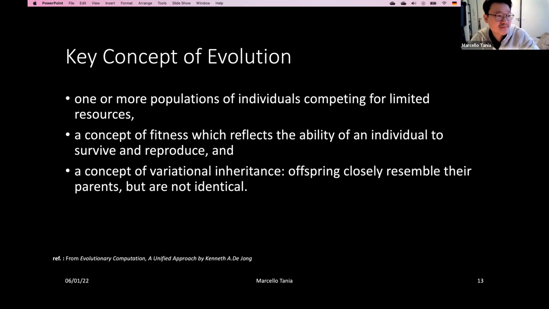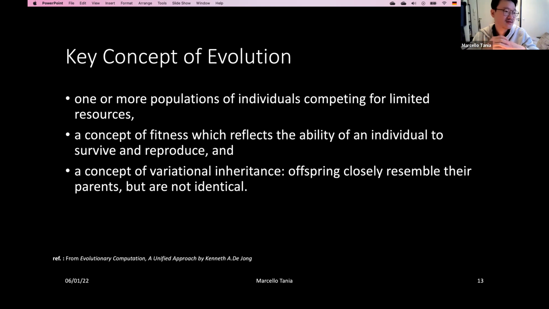So first, one or more populations of individuals competing for limited resources. If you look at nature, Charles Darwin made these observations that one or more populations of individuals compete for limited resources. Those limited resources are, for example, lack of food, lack of mates, for instance, or lack of places to live, I guess.